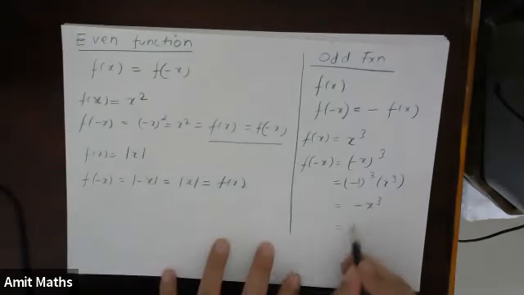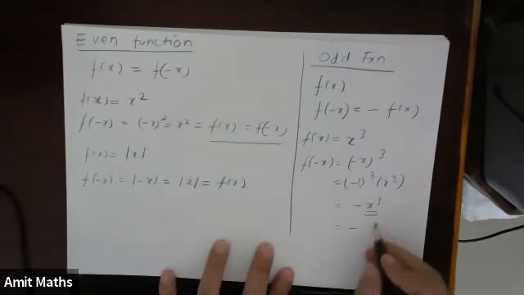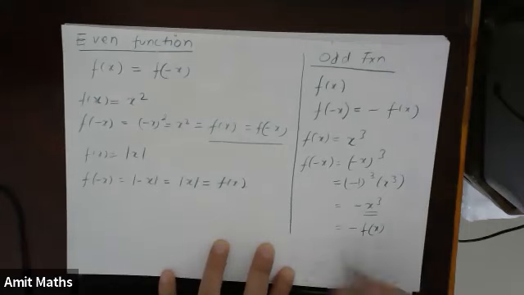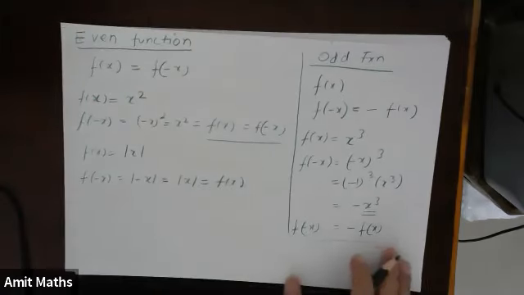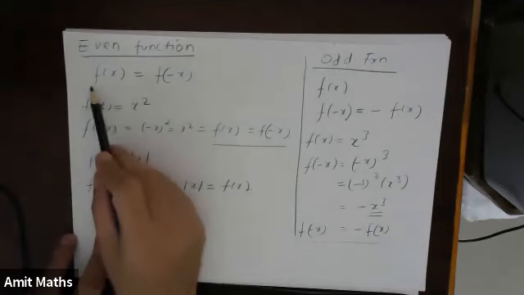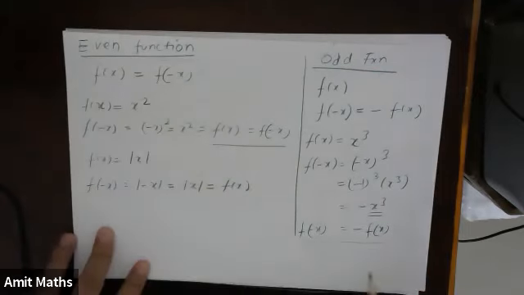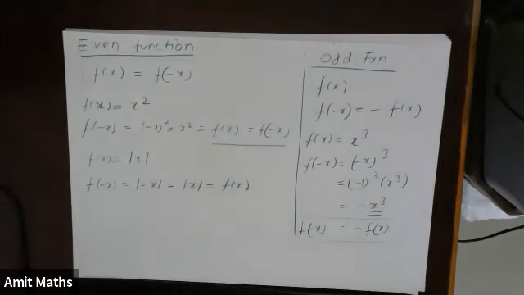This minus I can take outside, and the rest is nothing but f of x. So we got f of minus x is equal to minus of f of x, which is the definition of an odd function. So for an even function, f of x is equal to f of minus x, and for an odd function, f of minus x is equal to minus of f of x. Just look at this. We'll solve some questions based on this.